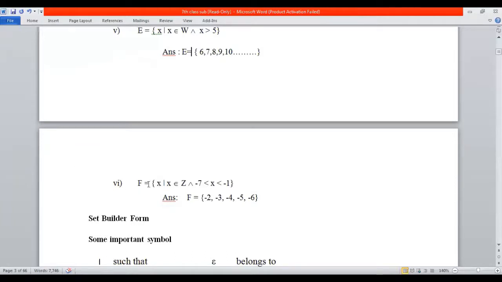So here x such that x belongs to Z, which means the set of integers, and x is greater than minus 7 and less than minus 1. That means we have to list those integers which are greater than minus 7 but less than minus 1.